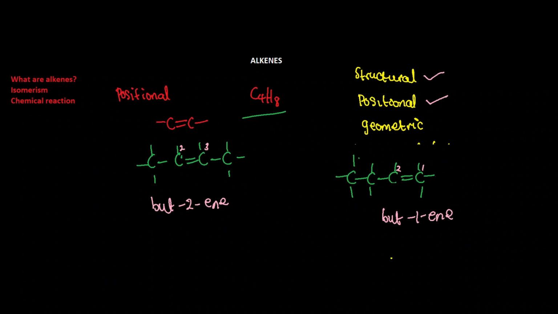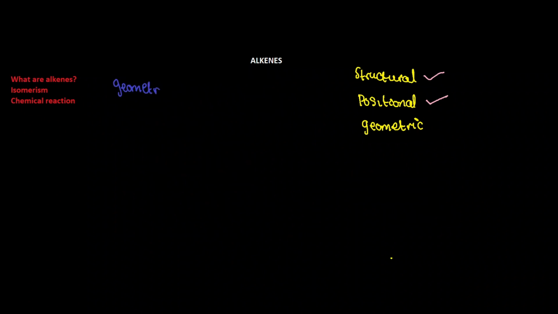Now let's take a look at the geometric isomer. The geometric isomer exists in 2 forms. It exists in cis and trans form. For this example, we'll take a look at ethene, which is C2H4.